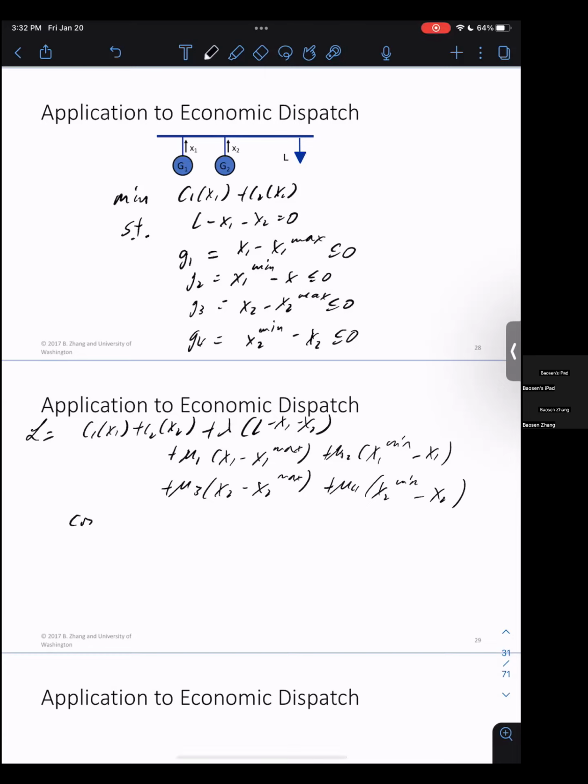So your conditions will be, for the 0, right? Here I'm going to take a partial derivative with respect to x1, so both mu1 and minus mu2 come out. So this is the equation you get, okay? x1 appears in 2 inequality constraints, so you have 2 of these mu terms coming out.